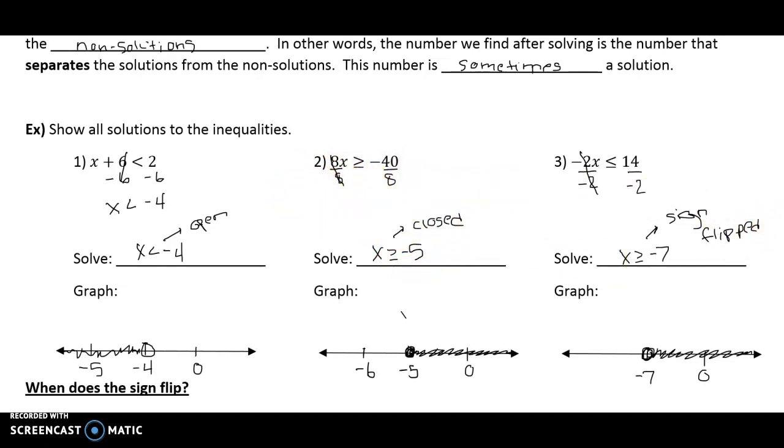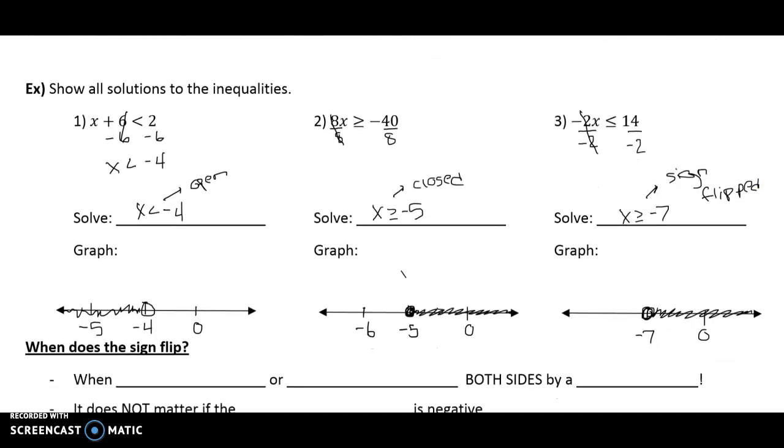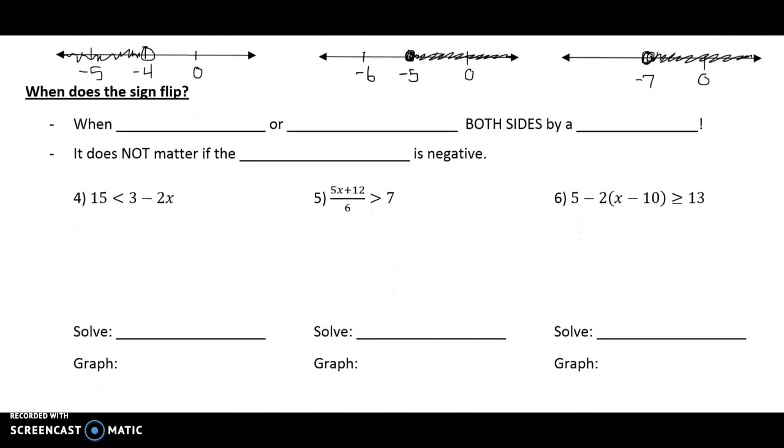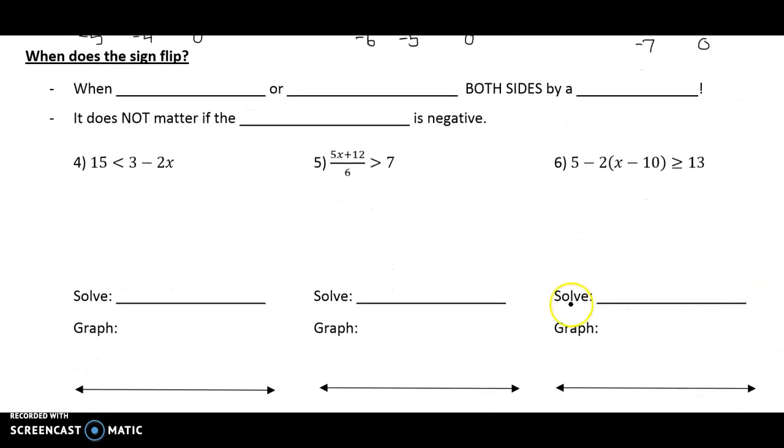Okay? So just moving along. We'll do 2 more, and then we're going to call it quits. So just reiterating when my sign flips.